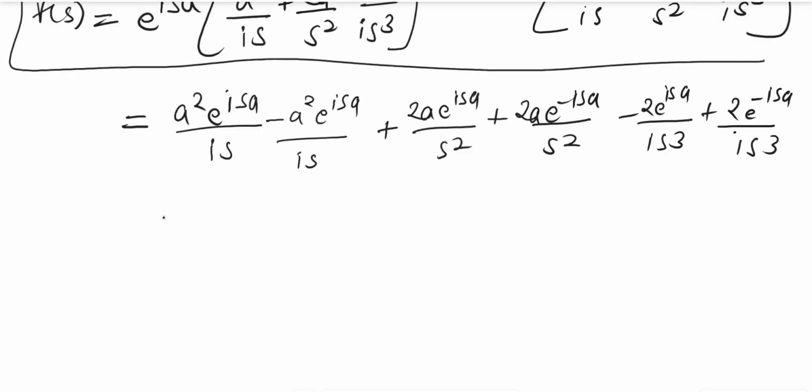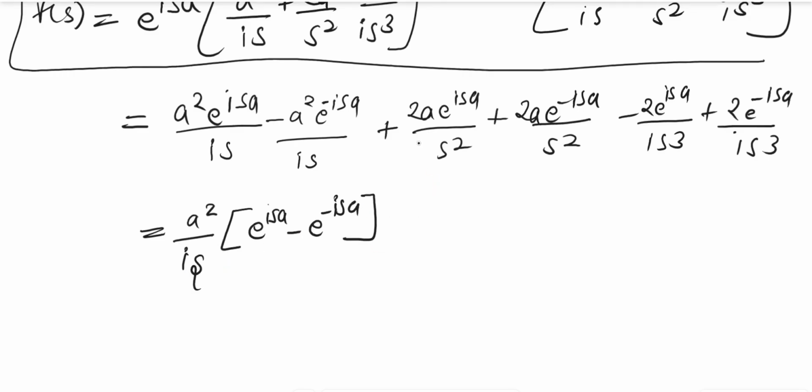Now the terms with the same denominator, in which we take a square upon iota s common. In bracket it is e raised to the power iota sa minus e raised to the power minus iota sa. Plus take 2a upon s square common, plus in bracket e raised to the power iota sa plus e raised to the power minus iota sa.